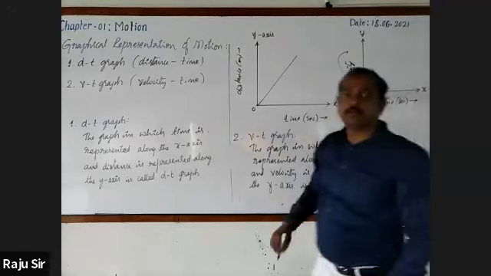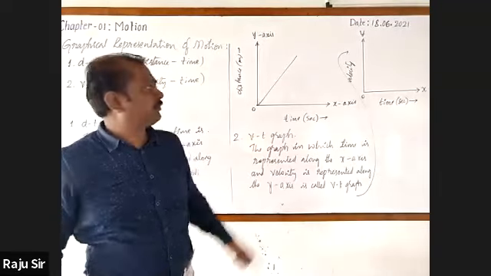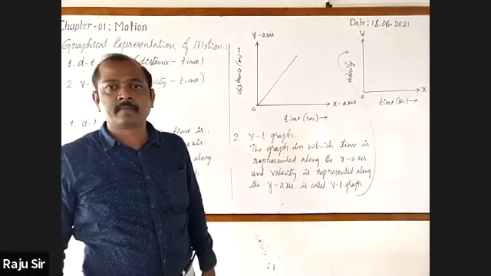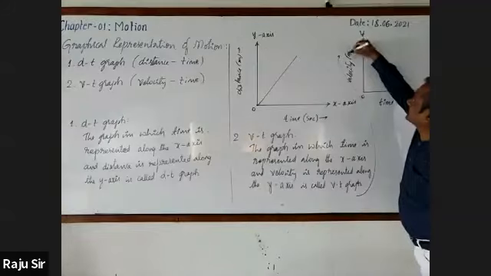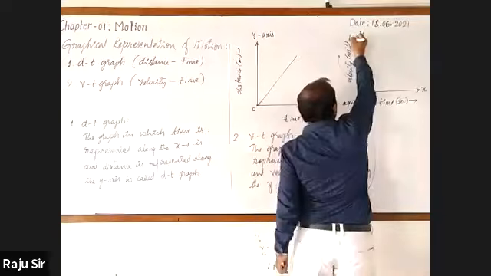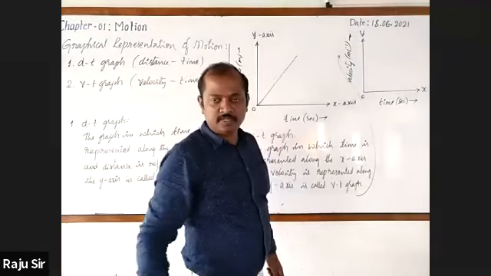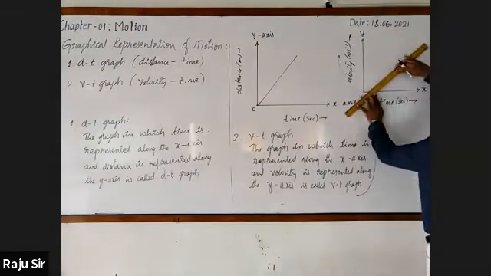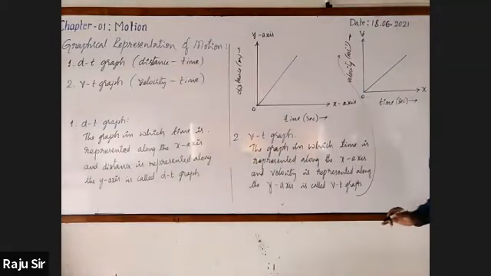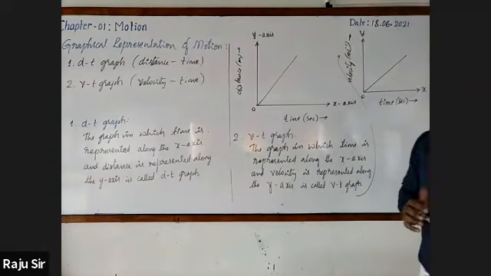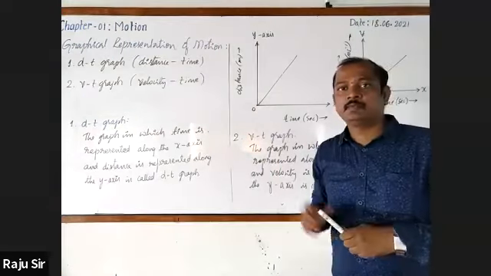Prithvi, what is the SI unit of velocity? Not kilometer per hour. Meter per second is the SI unit. Show the direction as well. And just draw a straight line.